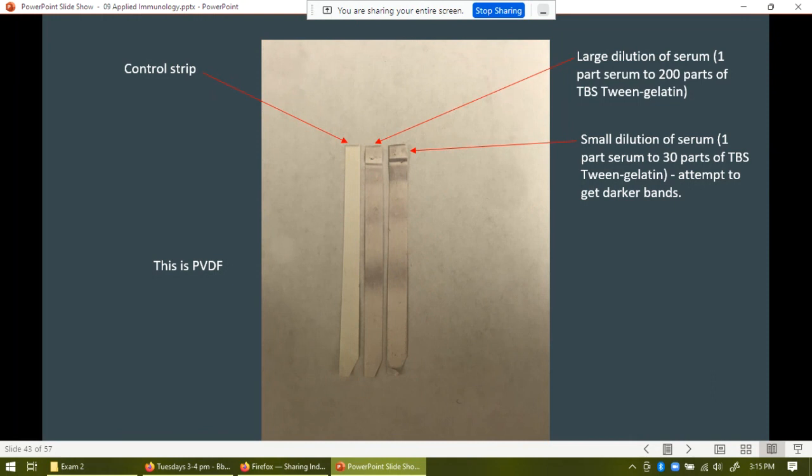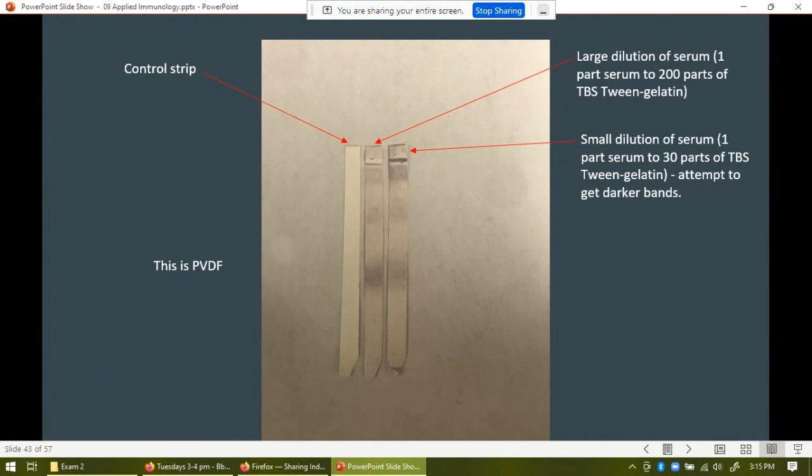So yeah, this is basically what the Western looks like at the end of the day. Anywhere you see dark spots is a positive reaction for that antigen-antibody interaction. Okay. And you can see that you can assess for multiple antigens here and multiple antibodies here. So they actually do this for the diagnosis of HIV, or at least they used to. I think they just do an ELISA now.